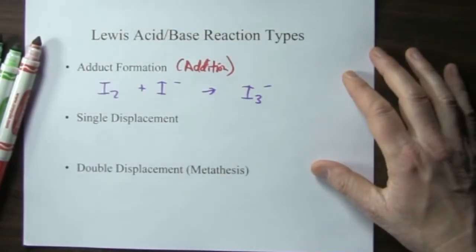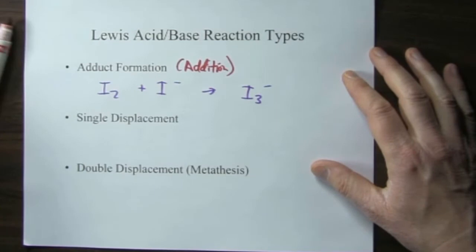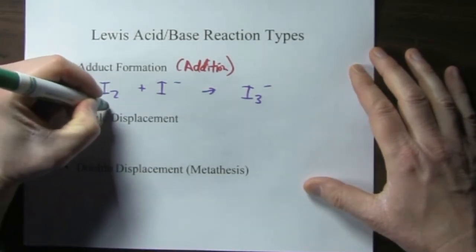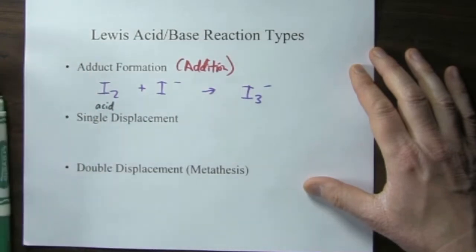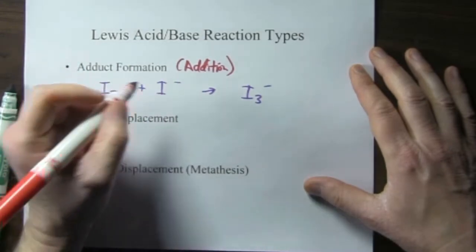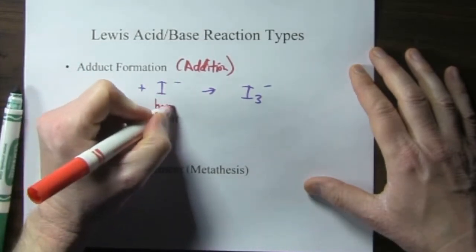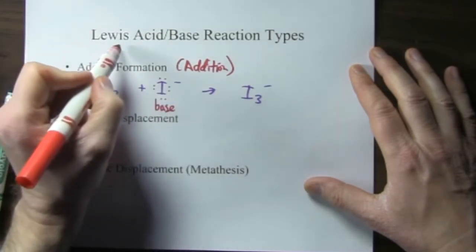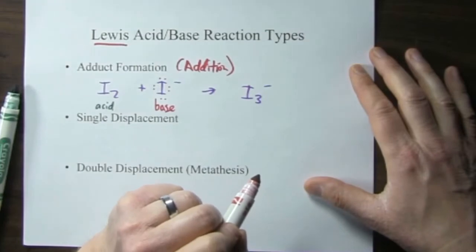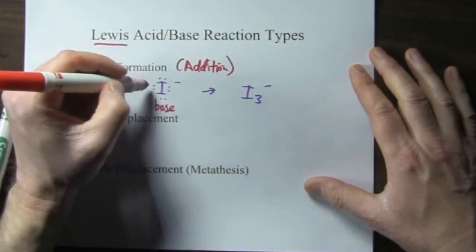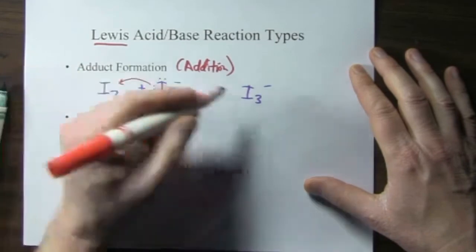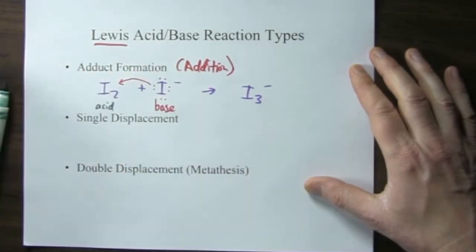You added the acid and the base together. So here the iodine is acting as an acid, and the iodide is a base. So iodide, if we look at the Lewis structure, which we do for Lewis acid-base theory, the iodide is going to donate a lone pair onto the iodine to make the triiodide adduct.